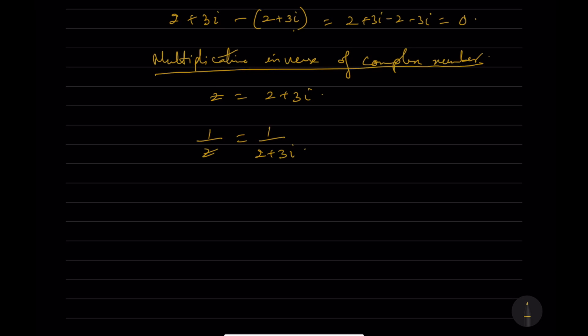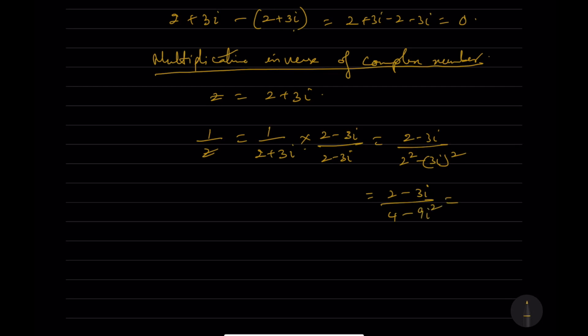In the denominator you shouldn't have a complex number, so we multiply by 2 minus 3i over 2 minus 3i, which gives 2 minus 3i by 2 square minus (3i) whole square, which is 2 minus 3i by 4 minus 9i square.